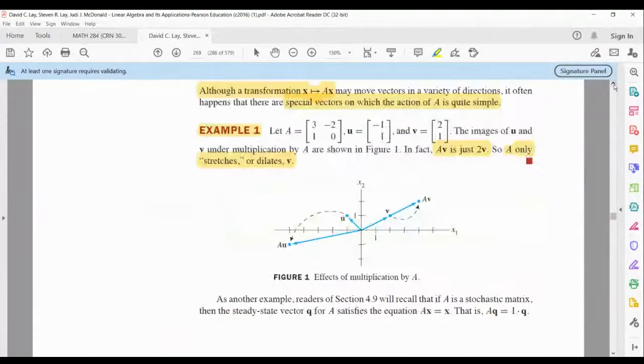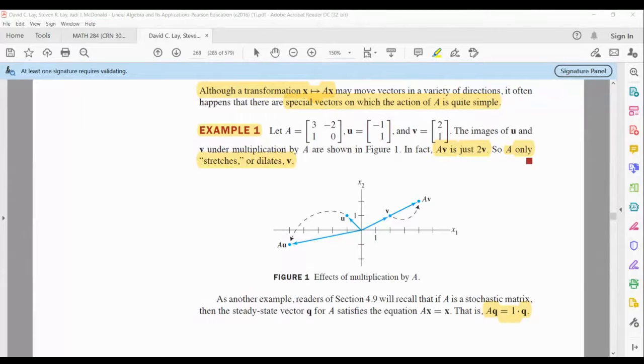Now, I'll comment here, you've already actually seen this, because if you remember the steady state vector q, this is like section 4.9 now.